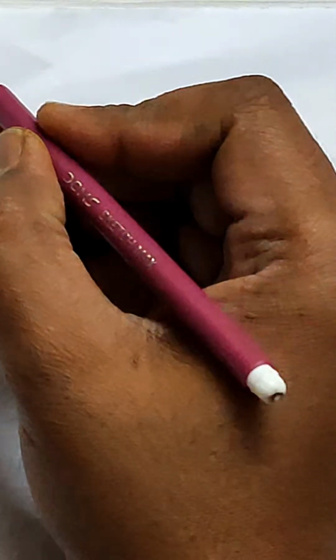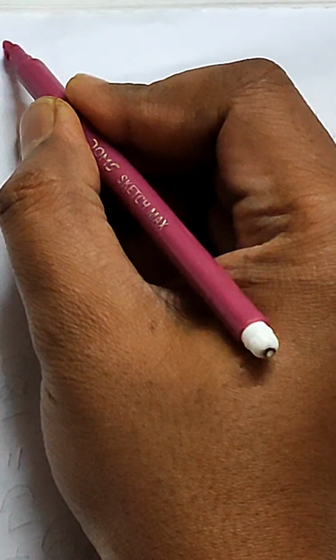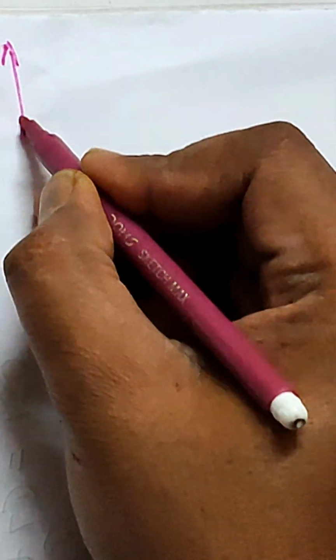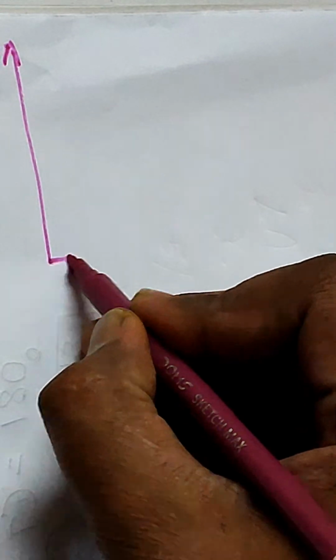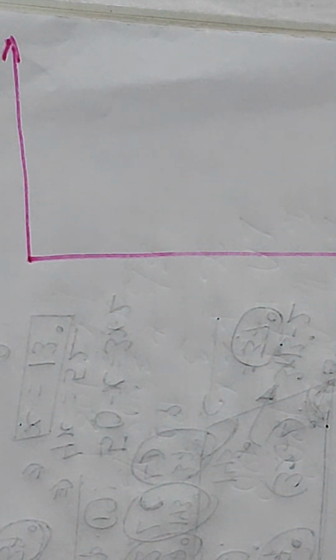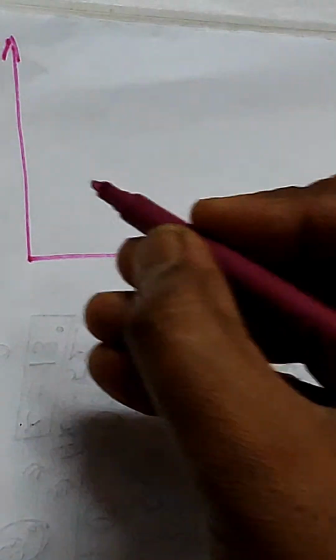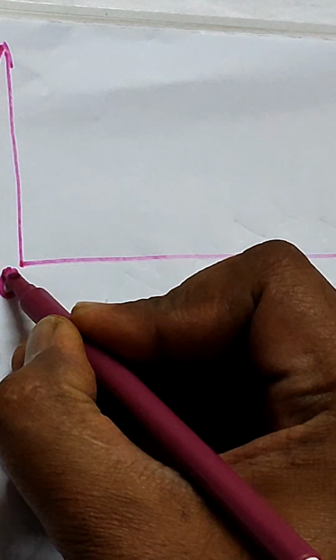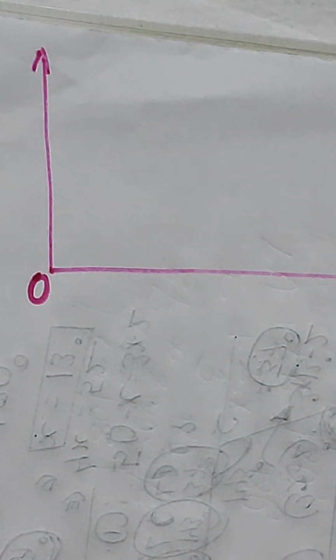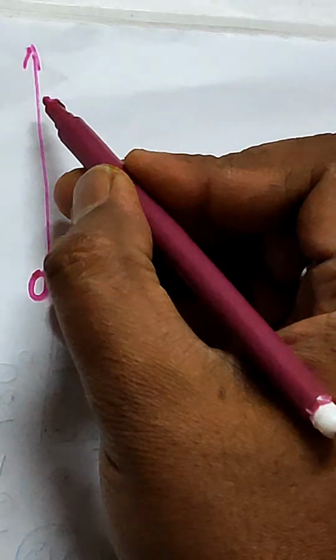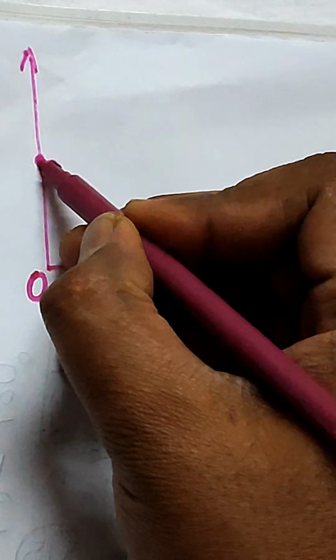That means if this will be the number line, then in this question it's given that from 0 to v, let's say this is v.